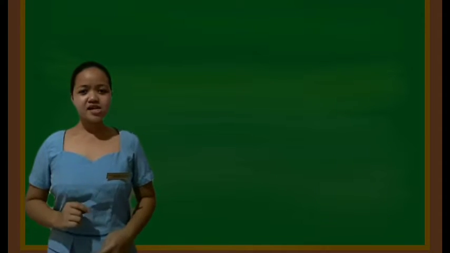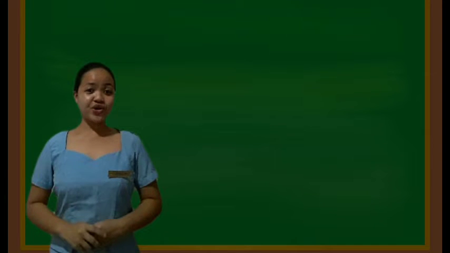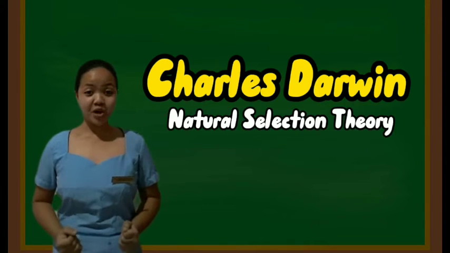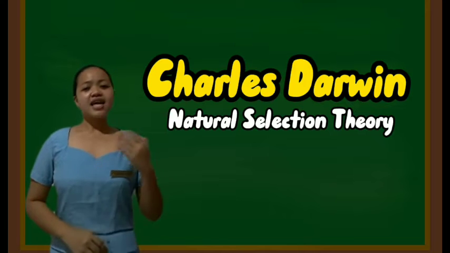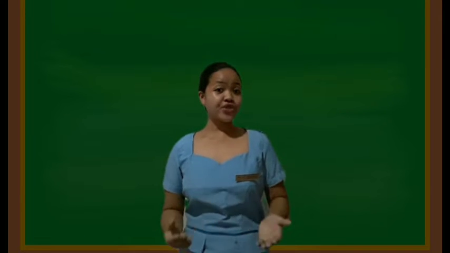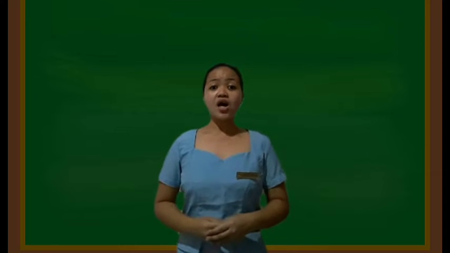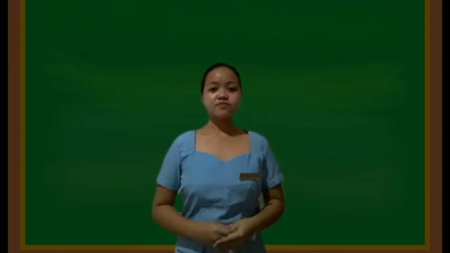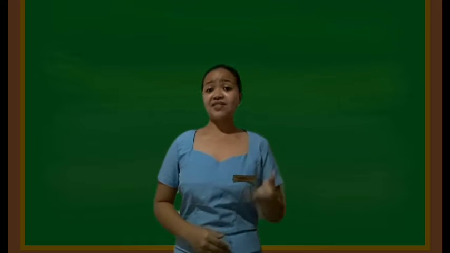But do you know what? The most famous theory of evolution was natural selection by Charles Darwin. It took years for Darwin to form his theory, and his reasoning was developed through the contribution of others. His reasoning went like this.